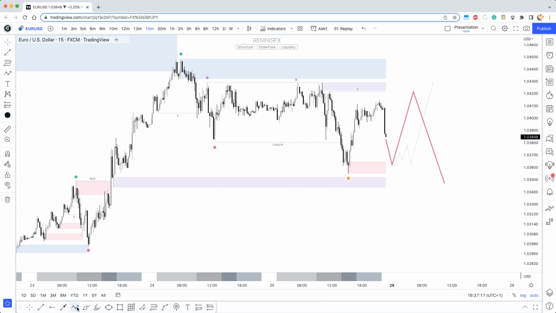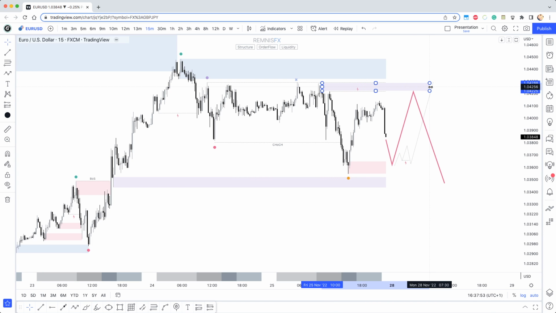So first you let the market react on your area here, and then you wait until it creates an inducement point, and then inducement, right? Okay, and after the inducement is taken out, you could look for, like I said, a short-term buy position until the engineered liquidity area. Okay, that could be one scenario.